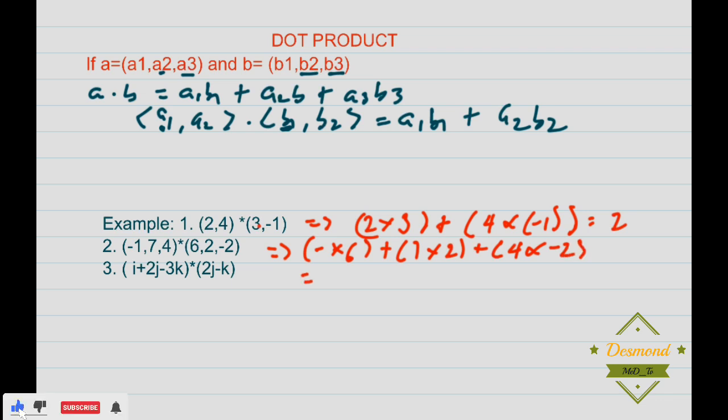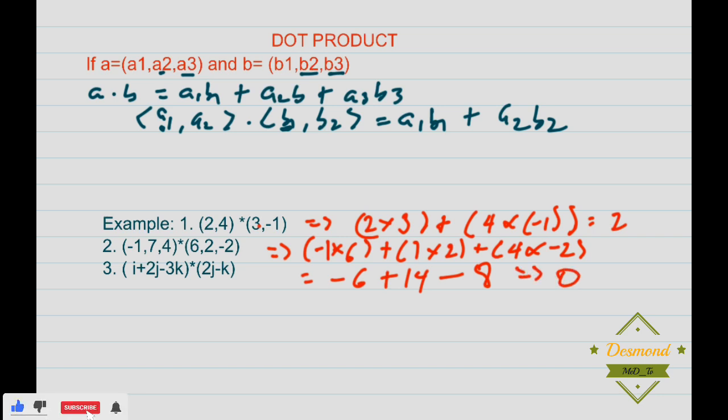This one should be -6, this one should be 14, and this one should be -8. And when we do it, we should get 0.